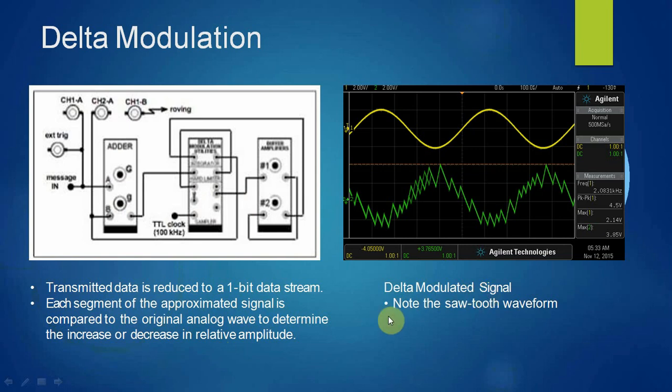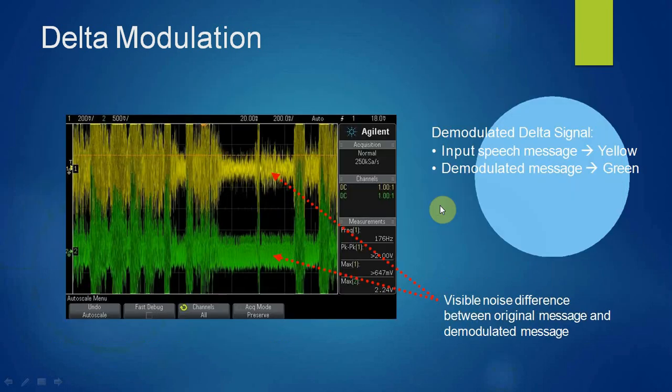Then the delta modulated signal: note the sawtooth waveform. This is the sawtooth waveform, and here is the information bearing signal. The output of the sampler is positive here, so the step size goes on increasing. If the information bearing signal decreases, then this output increases, which means the step size is not able to follow the information bearing signal in delta modulation.